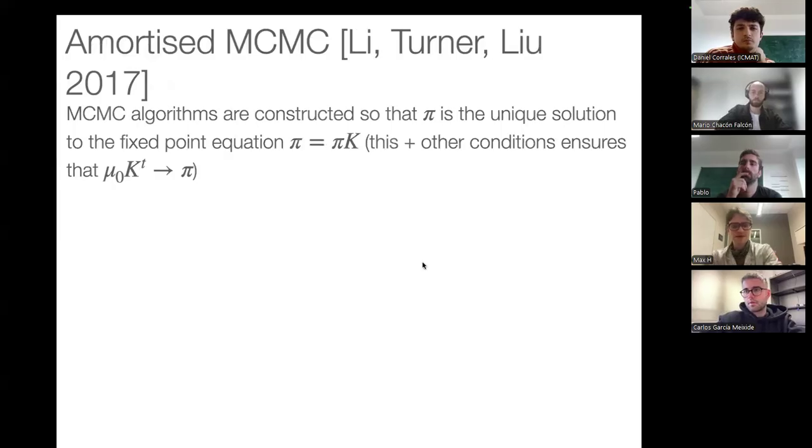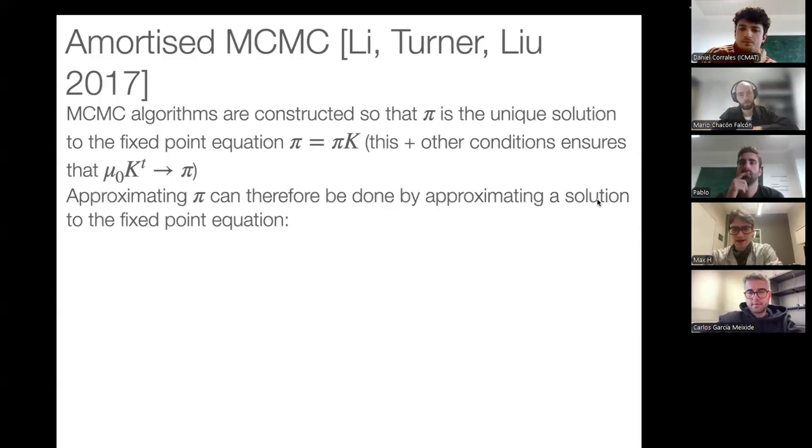Okay, next paper is Amortized MCMC from Lee, Turner, and Liu. So as I said before, MCMC algorithms are constructed so that pi is the invariant distribution, and so that pi is a solution to the fixed point equation pi equals pi K. Approximating pi is the thing that we want to do in variational inference, and so it can be done by approximating a solution to that fixed point equation.